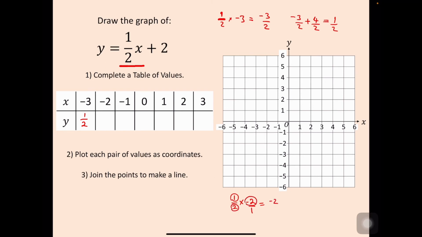And we multiply this 2 by this 1 to get 2. -2 divided by 2 is -1. And then we need to do -1 plus 2 to get our y value. The answer here is 1.